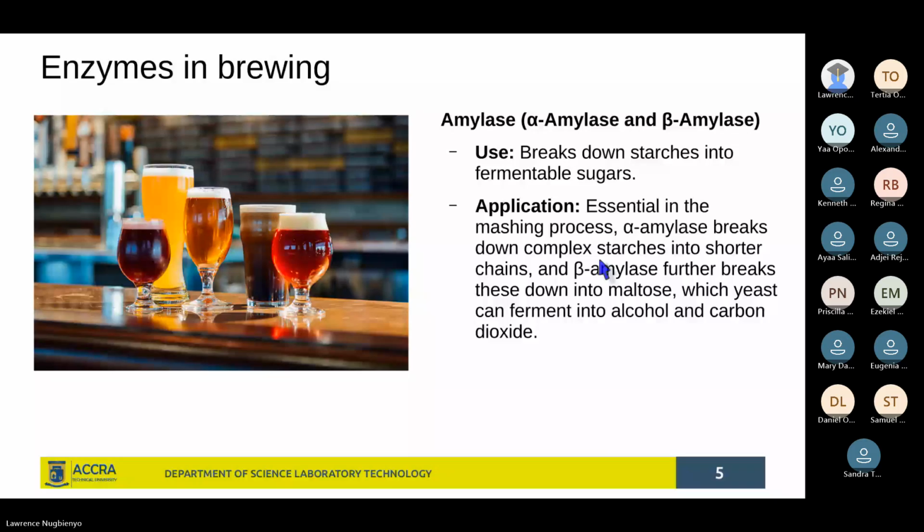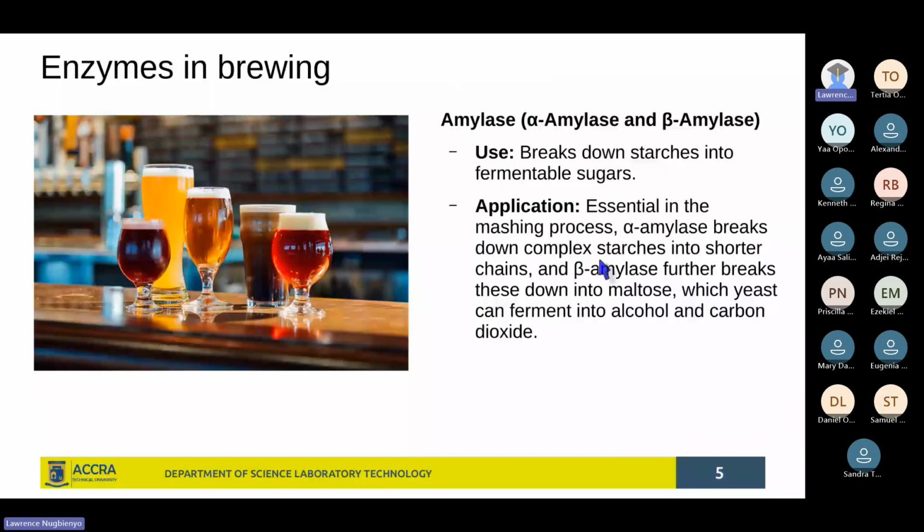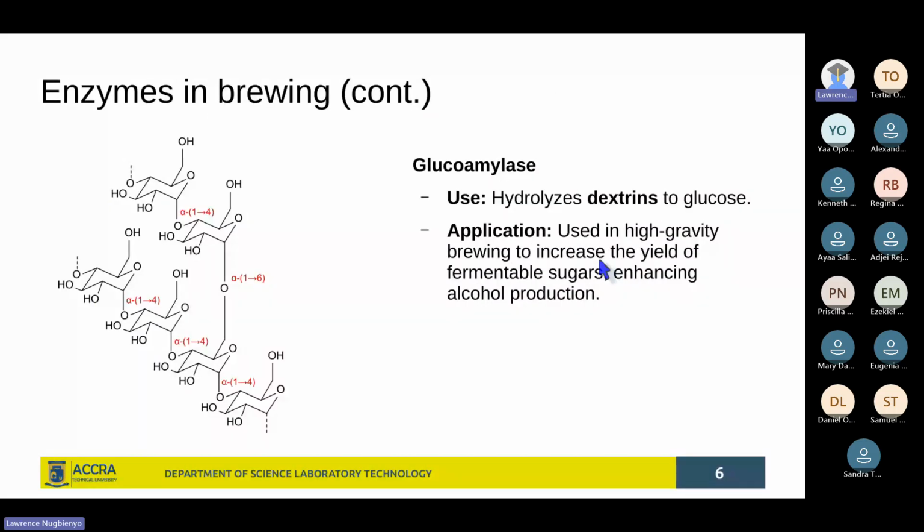All right. Now we have also the glucoamylase, which also is used in the brewery. And this particularly is to break down dextrins.